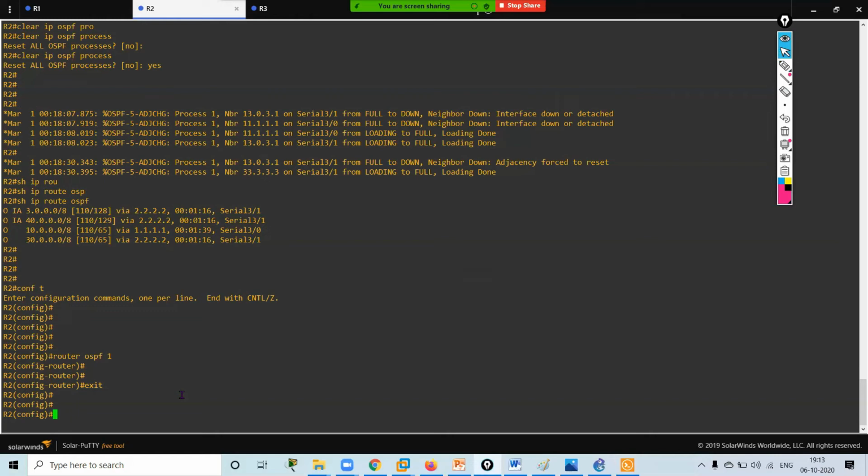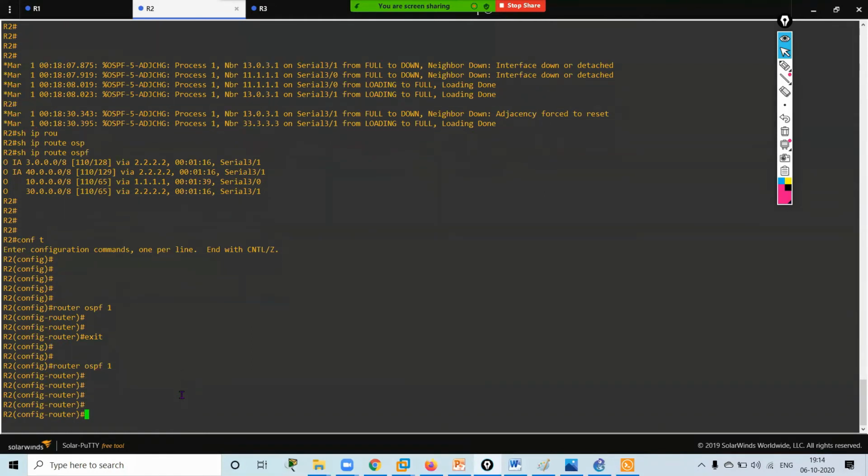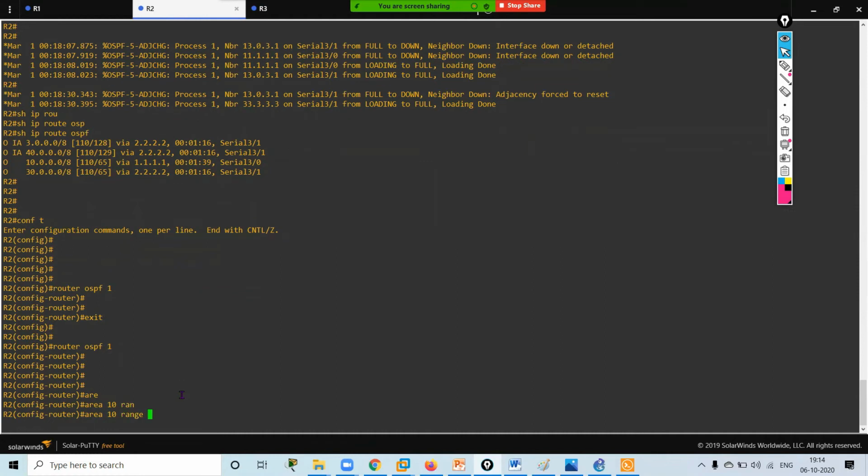So how will I send the summary routes? On the ABR router I have to say router OSPF 1. If I want to send the summary route, I'll say area 10 range 11.0.0.0 255.255.252.0.